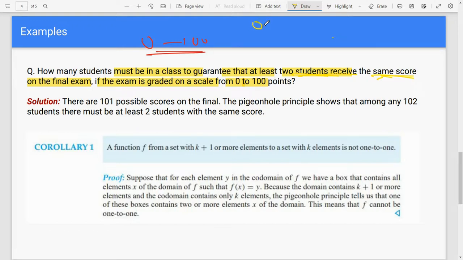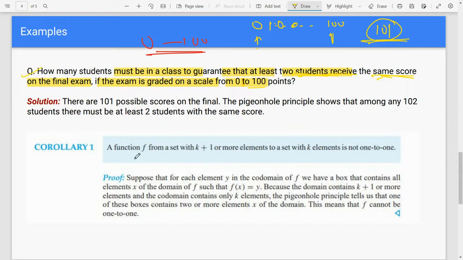Let's say you choose the first student and he gets 0 marks. Then the second student gets 1 mark. Similarly, the 100th student gets 100 marks. As soon as you pick the 101st student, he is going to match the marks of some particular person. So if there are 101 students, it is sure that two persons are going to get the same marks when the scale is 0 to 100. This is one example.